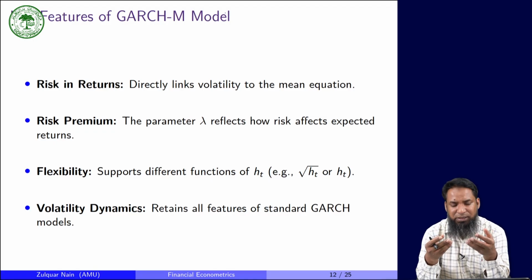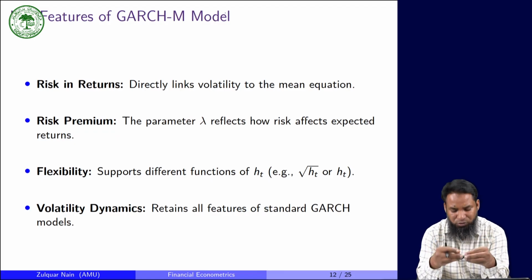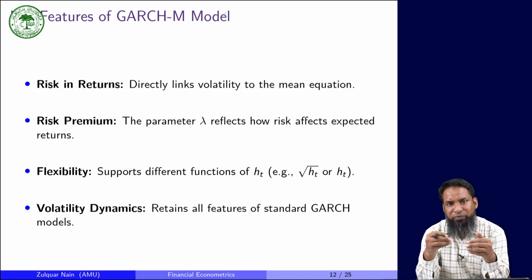That means there is a relationship between risk and return. The higher the risk, the higher the return. However, in the GARCH model, we are not including that in the return. So here in the GARCH in mean model, by including the variance, we are linking the return with the risk.